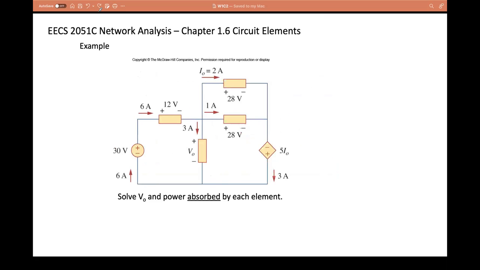I want to do this with you guys really quick. First of all, it looks like a more complicated circuit. I want to ask you guys, what do you think V0 is here? What's the voltage across this element?